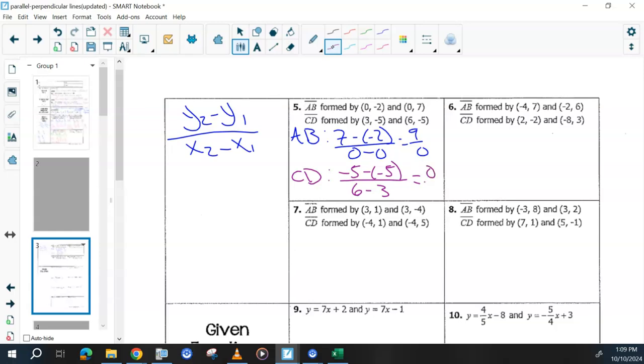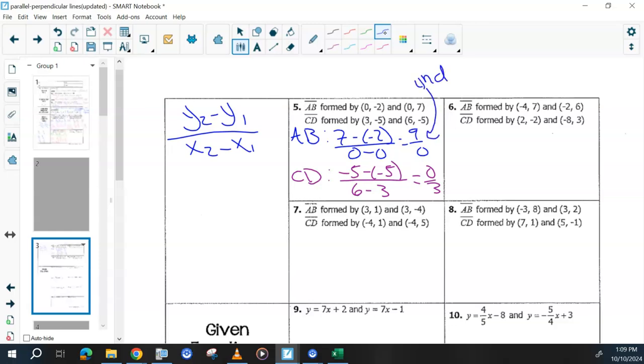0/3. Now, as is, would we say these are parallel, perpendicular, or neither? Neither, because they don't look anything alike, right? But if we simplify them, what is 9/0? It's not 0, it's not 9. It's undefined. Anything over 0 is undefined.